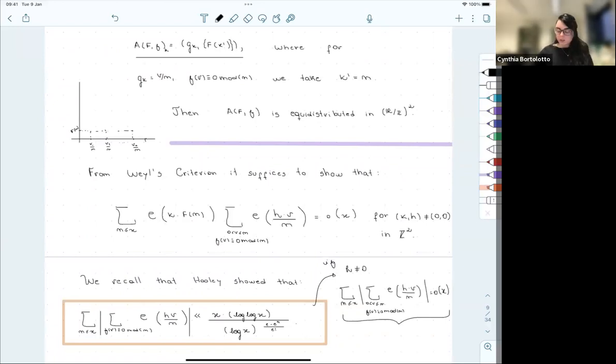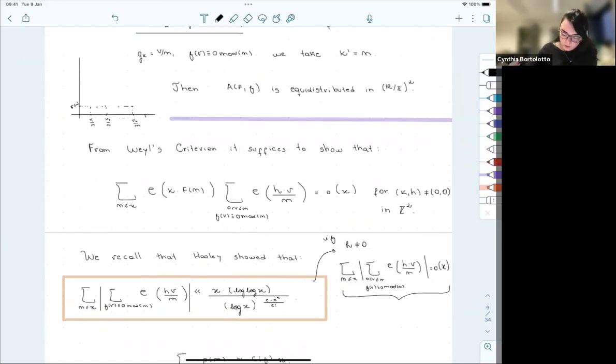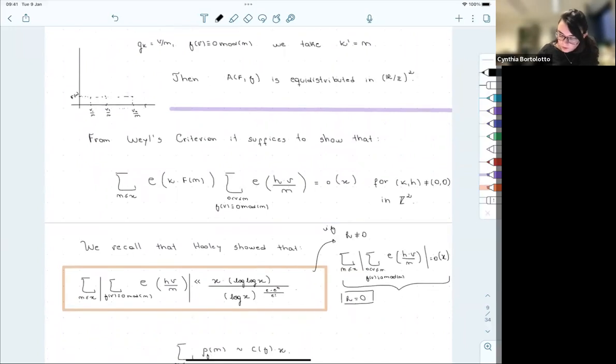So the only thing that we need to show is what happens when h is equal to 0. When h is equal to 0, we'll be summing here the number of roots that we have mod n.